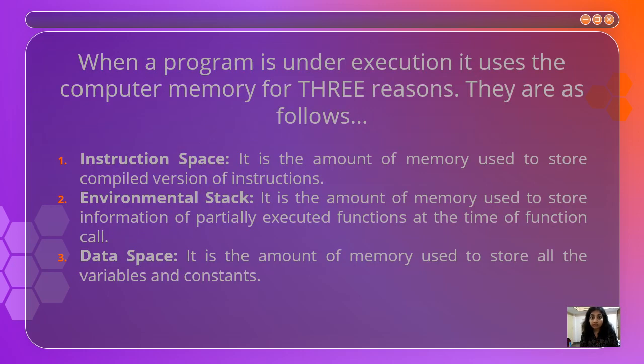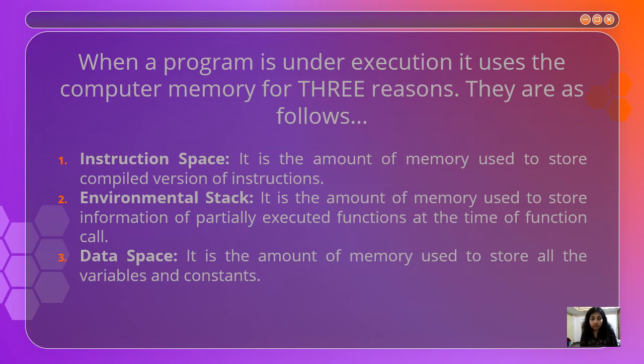When a program is under execution, it uses computer memory for three reasons. First is instruction space, where the memory space is used to store the compiled versions of the instructions. Next is environmental stack. Here, the memory is used to store the information of the partially executed functions at the time of the function call.